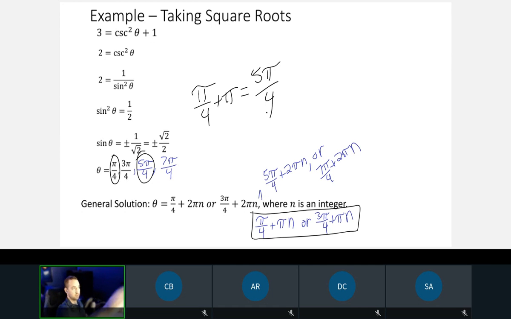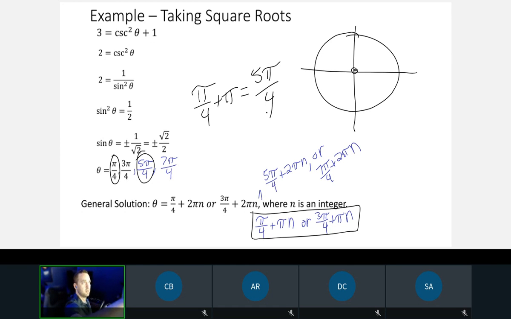Yeah, so just to draw a picture real quick. On your unit circle, you're going to have an angle here, then this angle, and this angle, then this angle. So those are the 4 angles that we found. Pi over 4, 3 pi over 4, 5 pi over 4, 7 pi over 4.